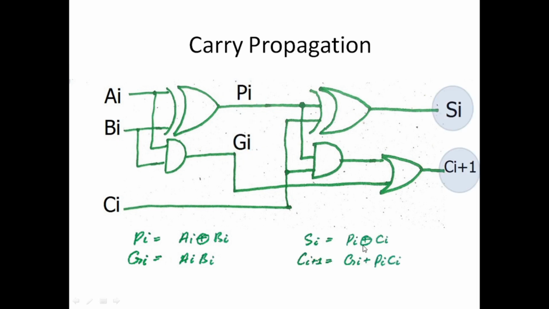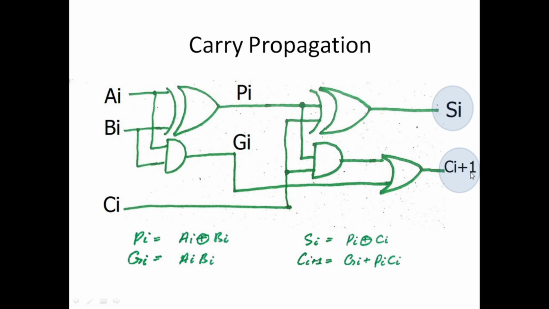Similarly, in terms of PI and GI, we can derive the equations of SI and CI plus 1. So SI is equal to PI exclusive OR CI.